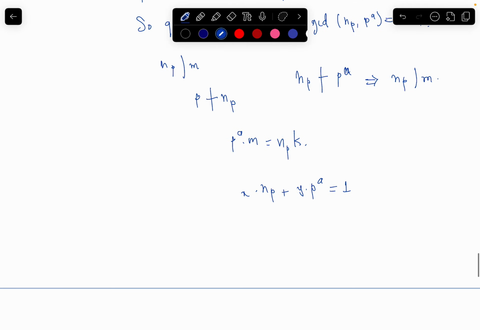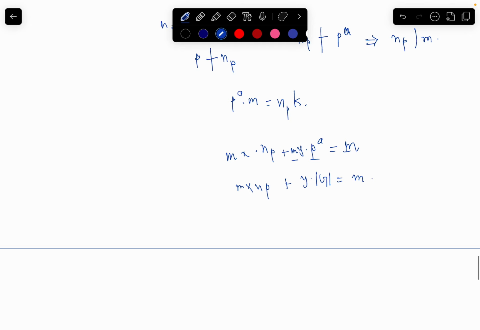So I will just multiply m on all sides, so that's m. So p power a times m is the order of G, so y times the order of G plus n_p m x is m.